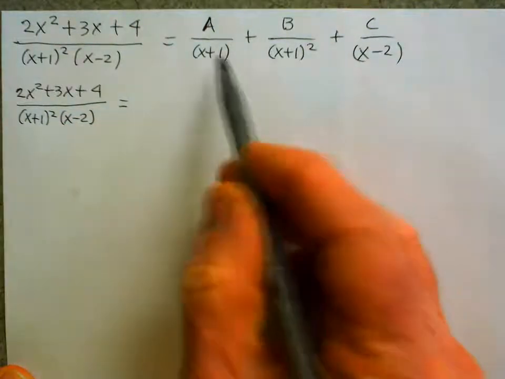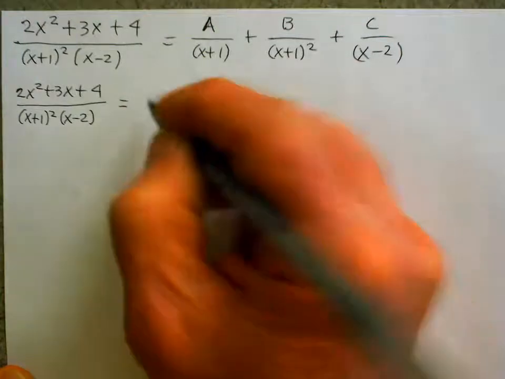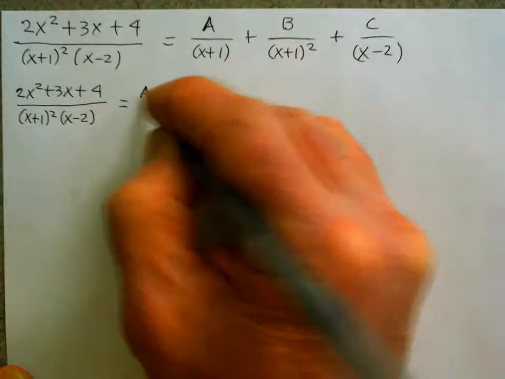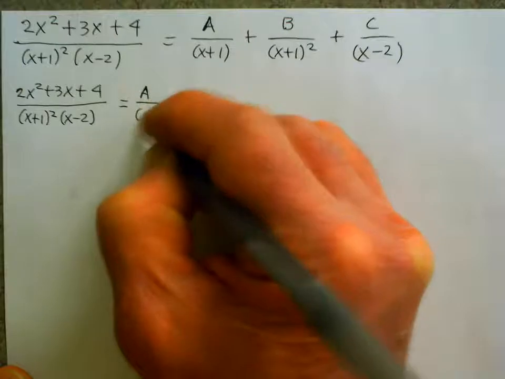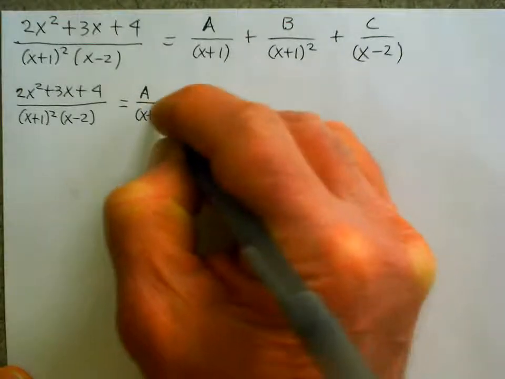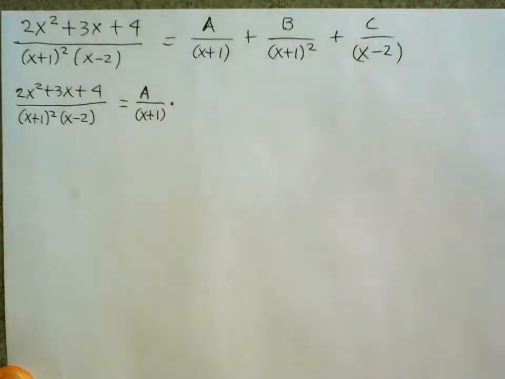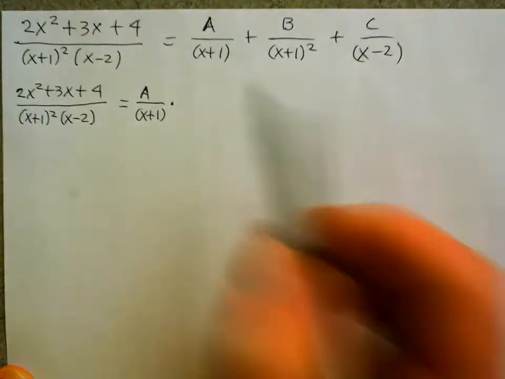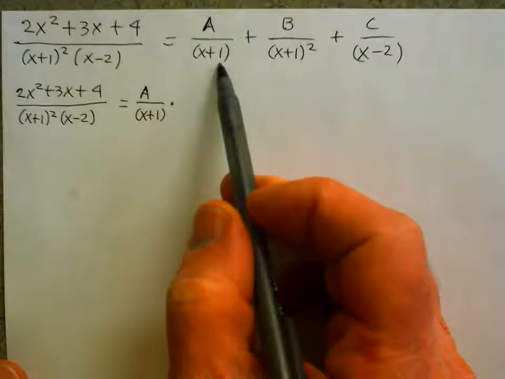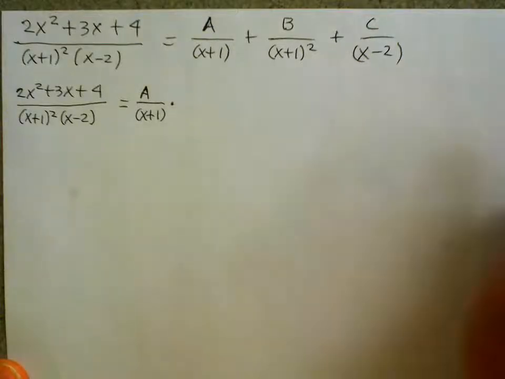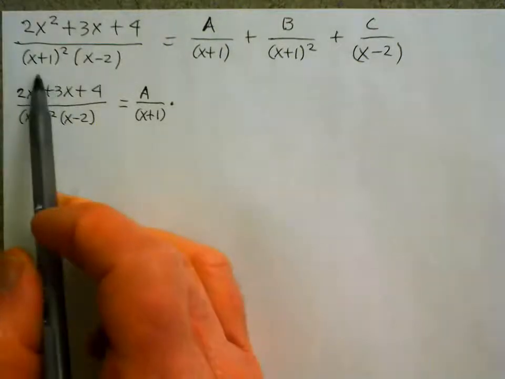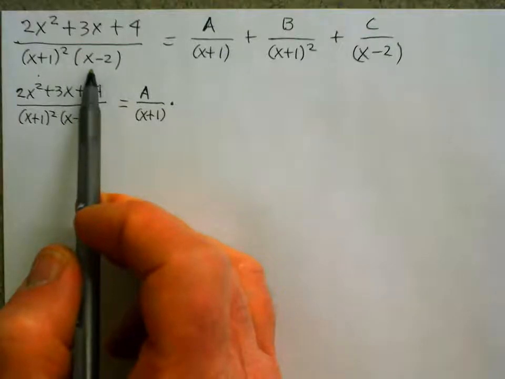So we start by multiplying a over (x plus 1) by 1. So what form will 1 take? Well, the least common denominator is (x plus 1) squared times (x minus 2).